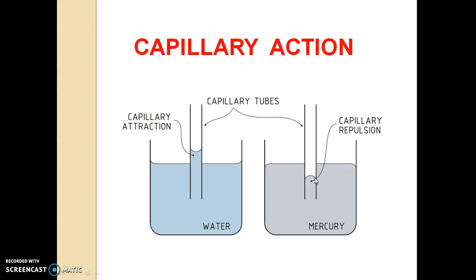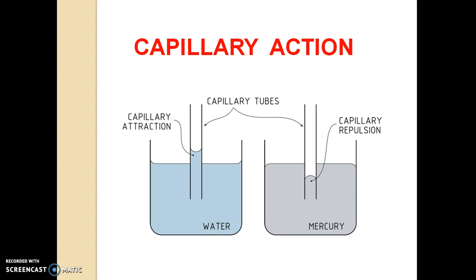Therefore there is a fall of liquid, meaning the level of the meniscus of the mercury in the capillary is below the general level of liquid, which is called the fall of liquid inside the capillary. And for mercury, the angle of contact is obtuse, that is, more than 90 degrees.